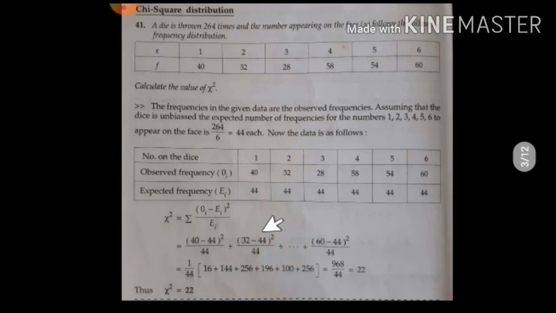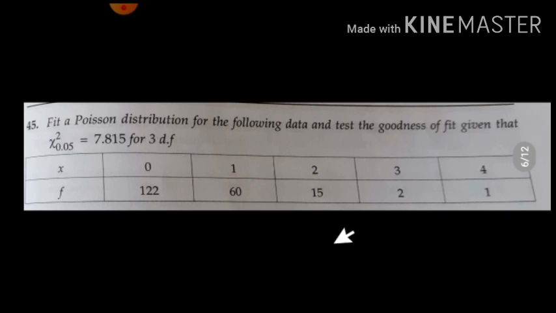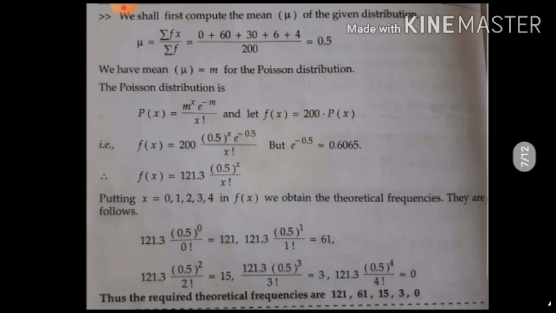So here observe the expected value, the theoretically obtained value. When I add 3 plus 0, it is 3, which is less than 10. I can't group it with 15 plus 3 because that is more than 10.